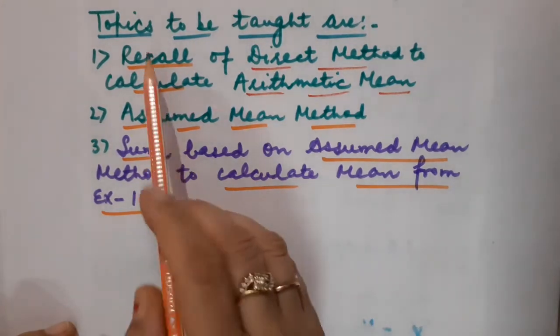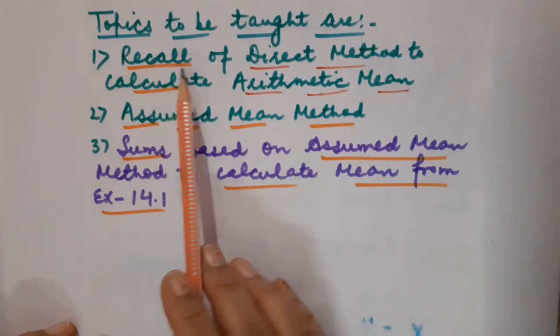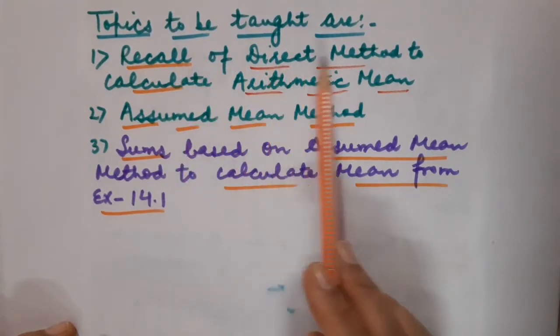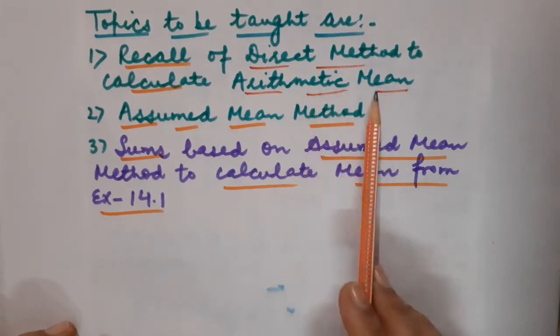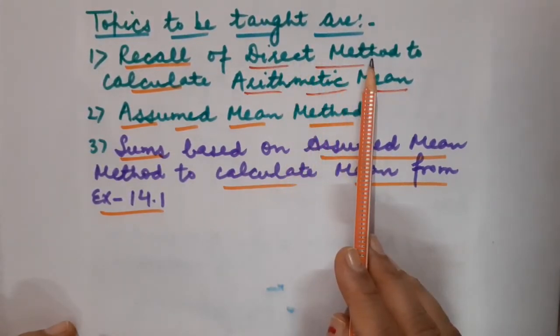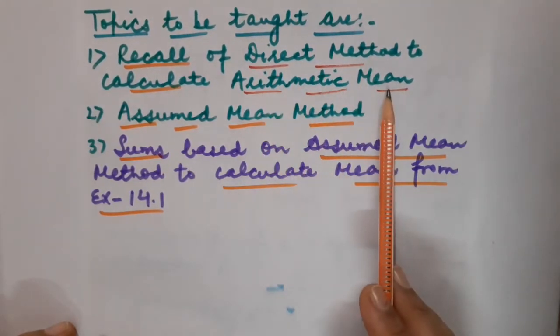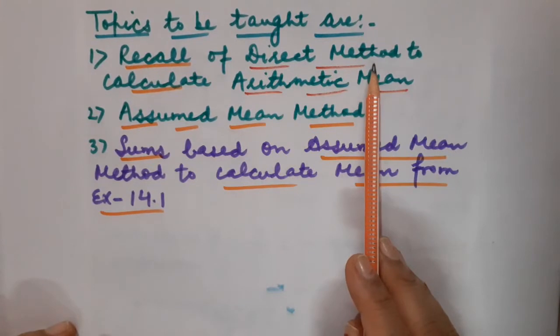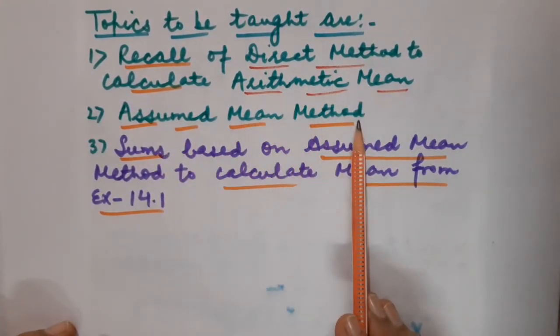Okay. So the topics which I am going to teach today are: number 1, I will make you recall the formula of calculating arithmetic mean, that was the direct formula. I told you that there are 3 formulae to calculate arithmetic mean. Number 1, direct method, which was taught yesterday. Number 2, assumed mean method, which I am going to explain you today.